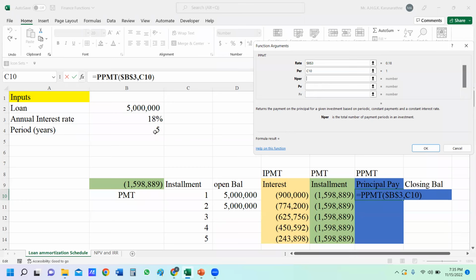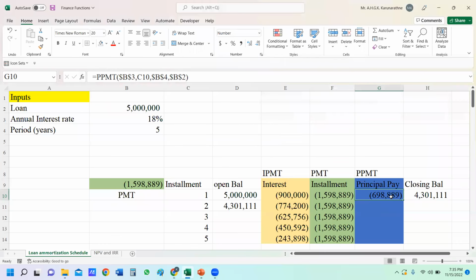So we give it like this and make sure you put it as an absolute value, pressing F4. Present value, again loan amount, make sure it is fixed, F4. Then say okay. Then copy the loan repayments.